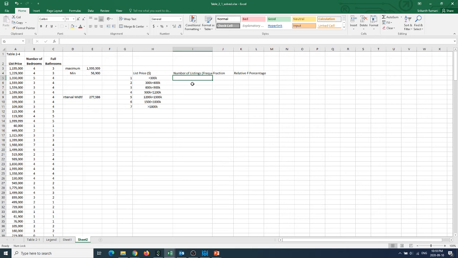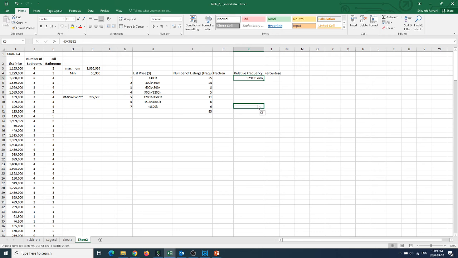But the final summarized values are available in tables 2.7 and 2.8. Under $300,000, you have 25 listings, and then 24, 8, 5, 11, 6, 6, and they add up to 85. The relative frequency, the fraction or the percentage, however you want to think about it, is just that divided by 85.